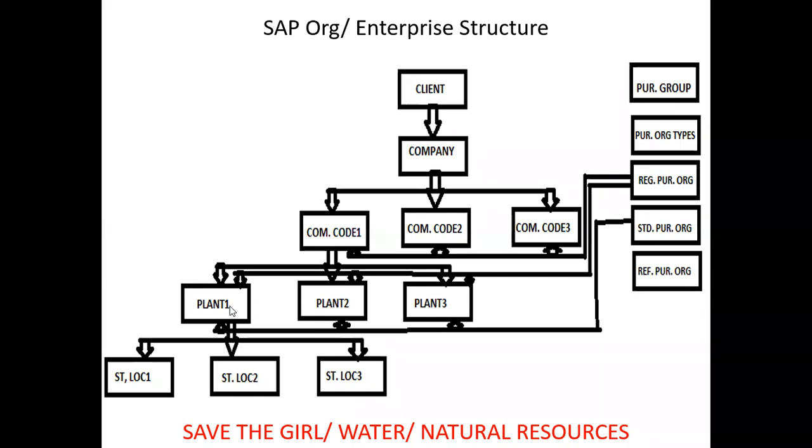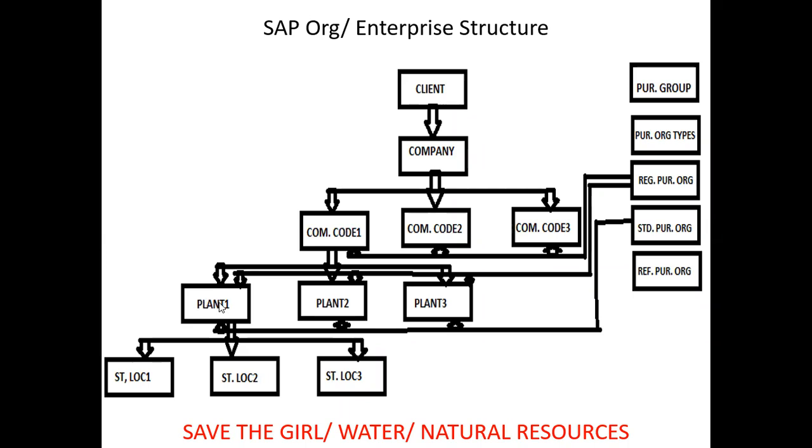For example, Bajaj Electricals Bangalore plant, Hyderabad plant, Mumbai plant, Chennai plant, Delhi NCR, and so on. Each company code can have one or more plants. Bajaj Electricals, Bajaj Finserv, and Bajaj Automobile can each have one or more plants.